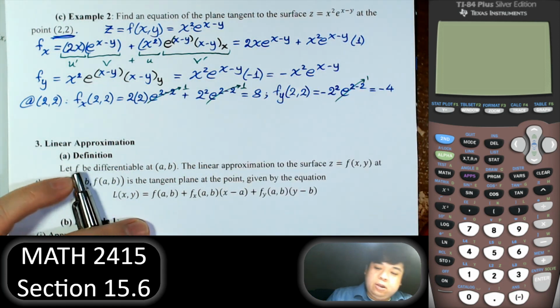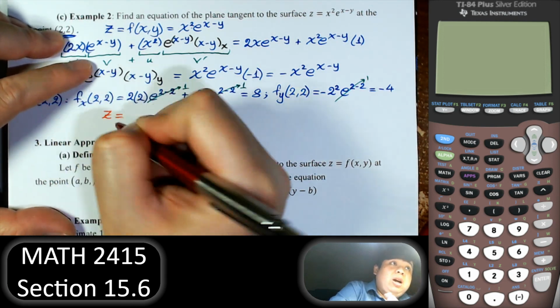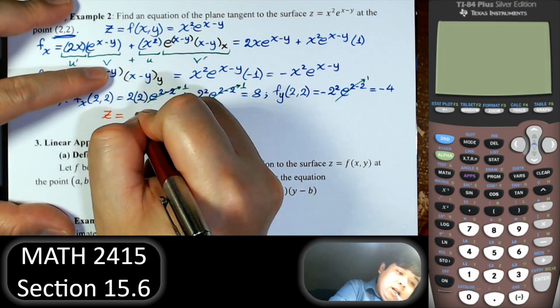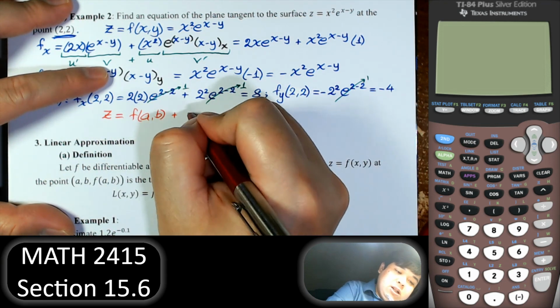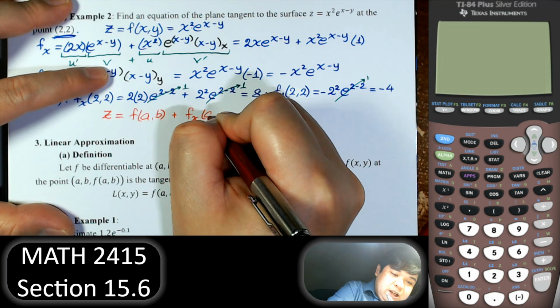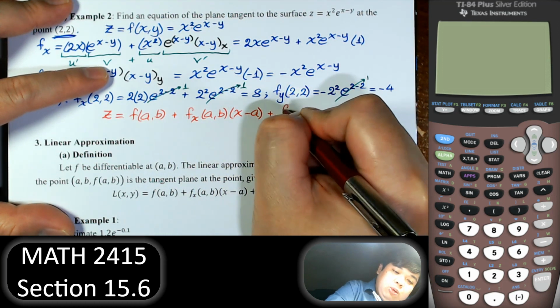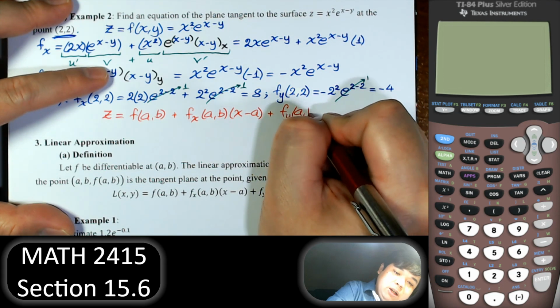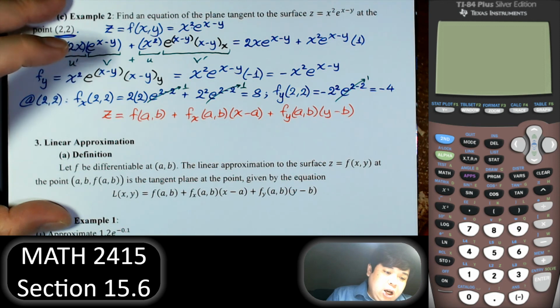And then the formula for the equation of tangent plane to a surface is z equal to f of a, b plus derivative with respect to x at a, b times x minus a, plus derivative with respect to y at a, b times y minus b. Alright.